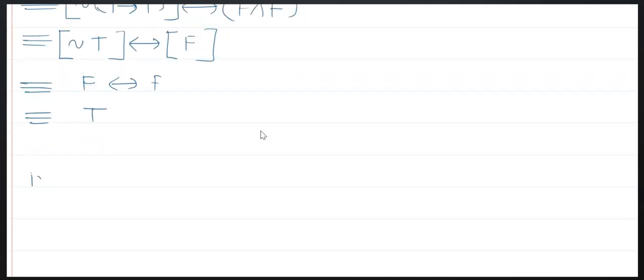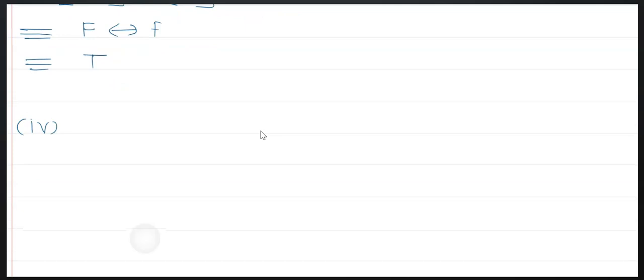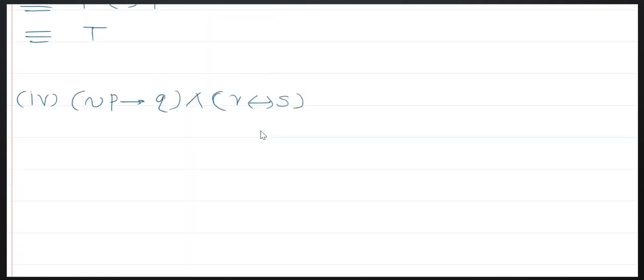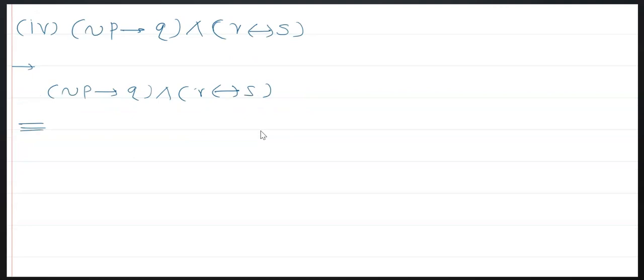Now next, fourth one. That is negation of P implies Q and R double implication S. Now see this here.